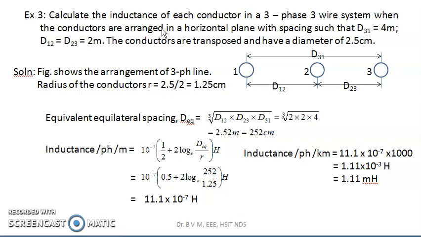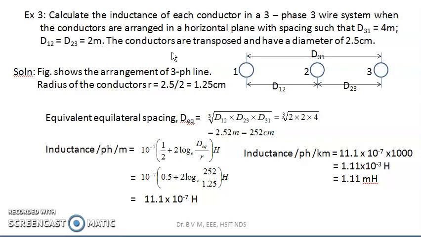Calculate the inductance of each conductor in a three-phase, three-wire system when the conductors are arranged in a horizontal plane with spacing such that D31 is equal to 4 meter, whereas D12 is equal to D23 is equal to 2 meter.